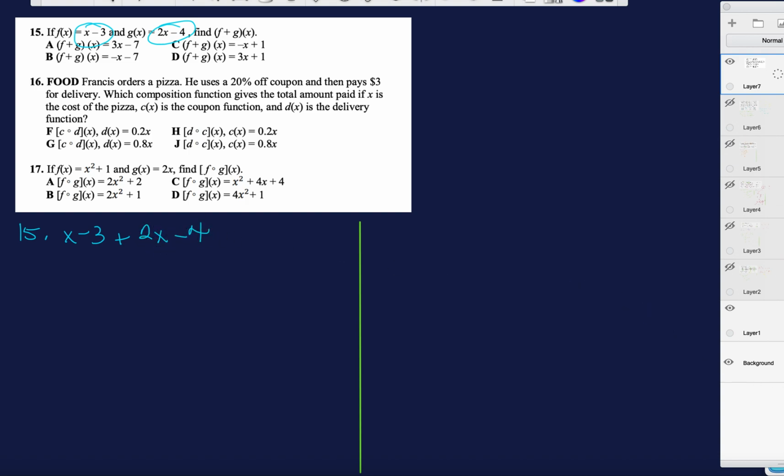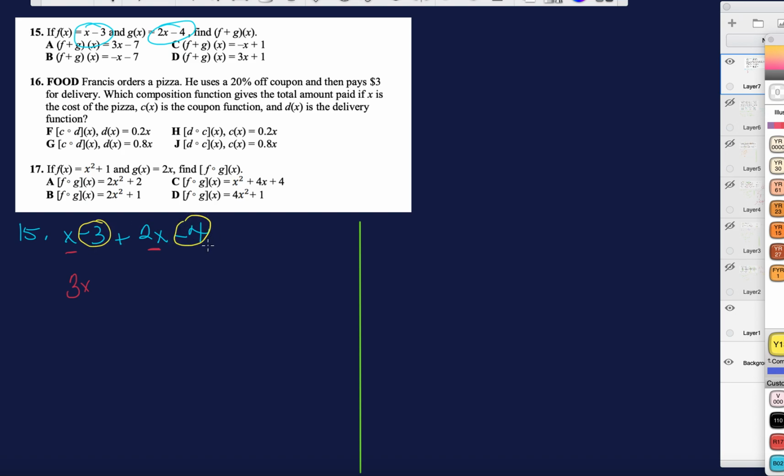I can put these things together. I have like terms that I can put together, right? The x and the 2x. If I add those together, I get 3x. All right? Negative 3 and negative 4, when you add them together, you get negative 7. Is this an answer? Yeah, it's letter A.